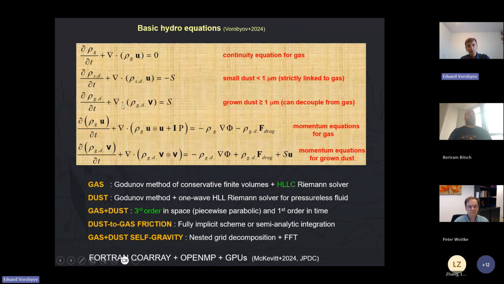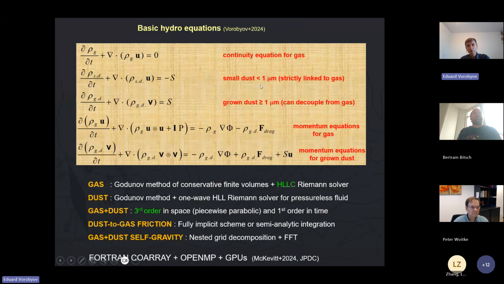And these are, at the moment, the equations that are solved: the standard continuity and momentum equations. It's a polytropic approximation at the moment. In addition, there are two populations of dust: small dust, smaller than 1 micron, and grown dust, bigger than 1 micron.